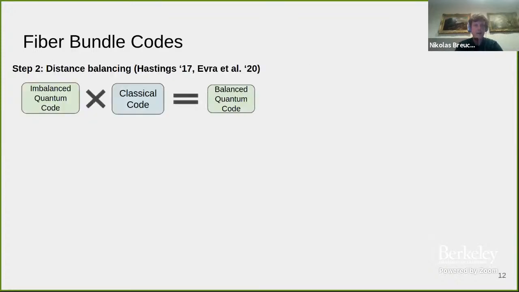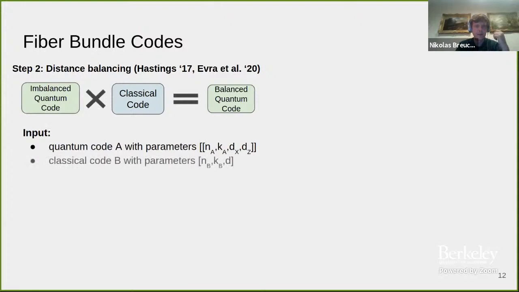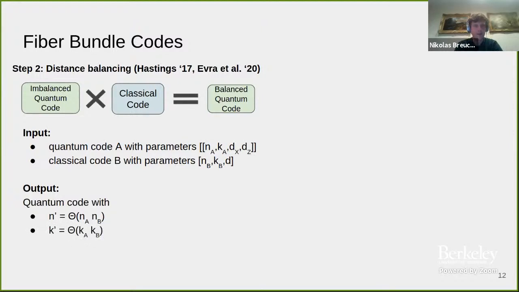So what they do is they perform another product, and this product is taken together with a classical code. So as an input, we take a quantum code with some parameters. We take a classical code, and we obtain a quantum code where, again, the size just is given by the product of the codes. The encoded qubits are just given by the product of the encoded qubits and the encoded bits. And the distances either stay the same or they multiply.